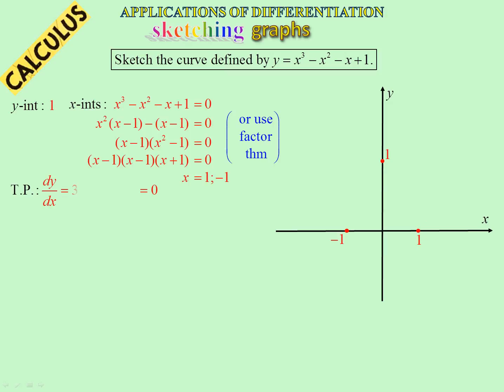Derivative equals. Differentiate equal to 0. Now we're finding the coordinates of the stationary points by equating the derivative to 0. Factorize. So they're the x values of the stationary point. Now we need to find the y values by substituting back into the original.